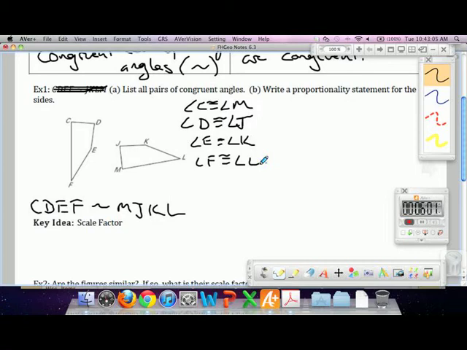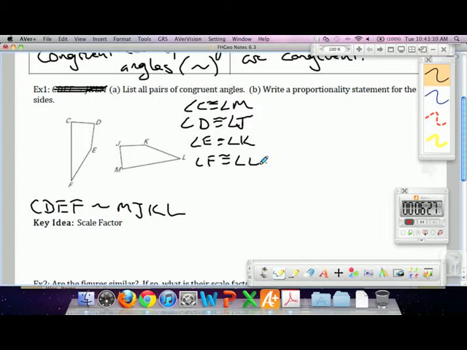We should also be able to set up some side length ratios that are all equal, based on the similarity statement as well. As before, for a congruent statement we had sides that were congruent or equal in measure. For a similarity statement, we can't get that, but we can get side lengths that are proportional.